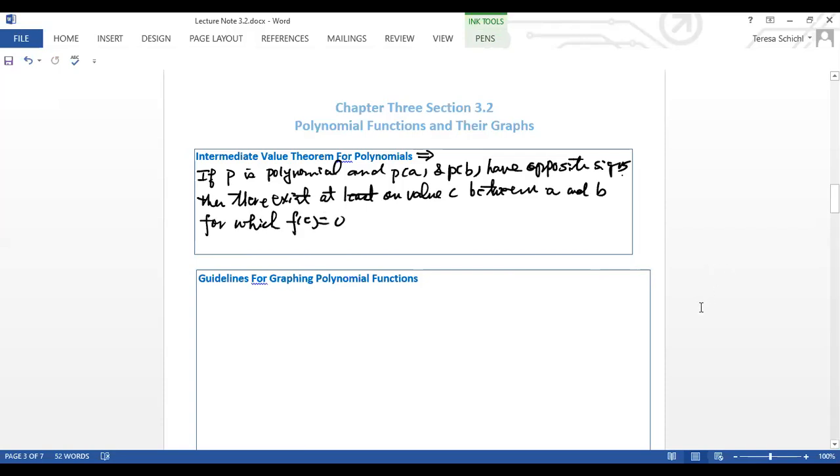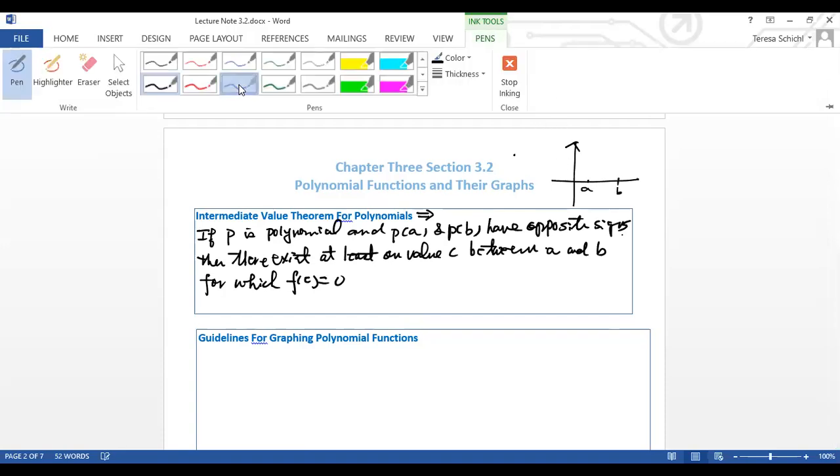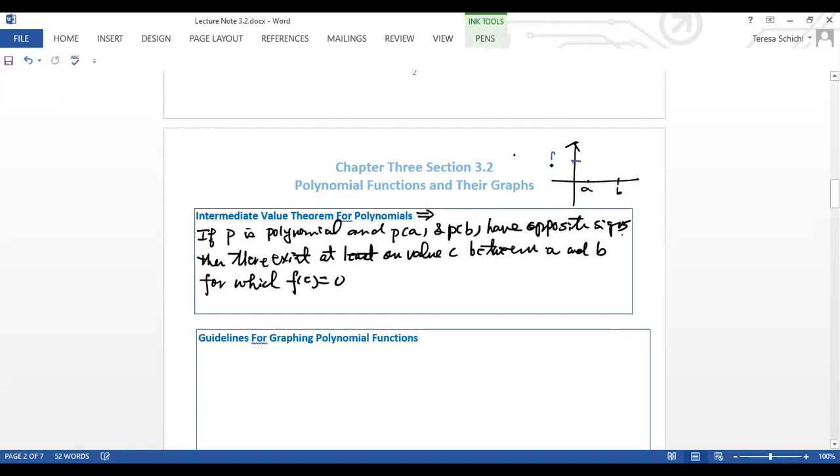What does that mean? I said it's kind of common sense. If I have two values here, so this is a, this is b, and you have f(a) and f(b), for example this is f(a), and then let's say f(b) has the opposite sign.